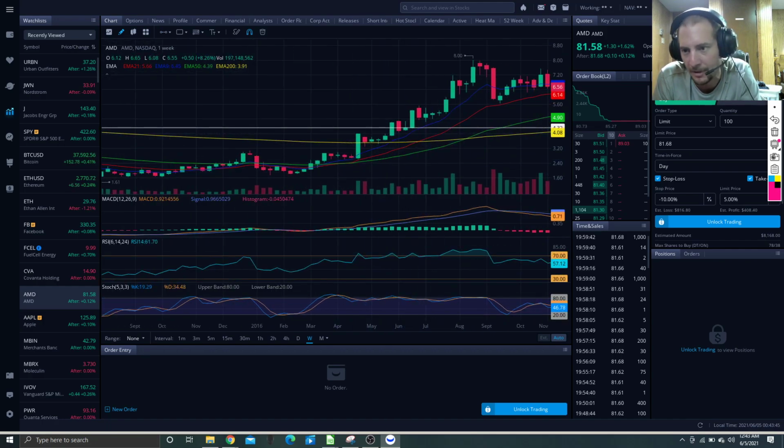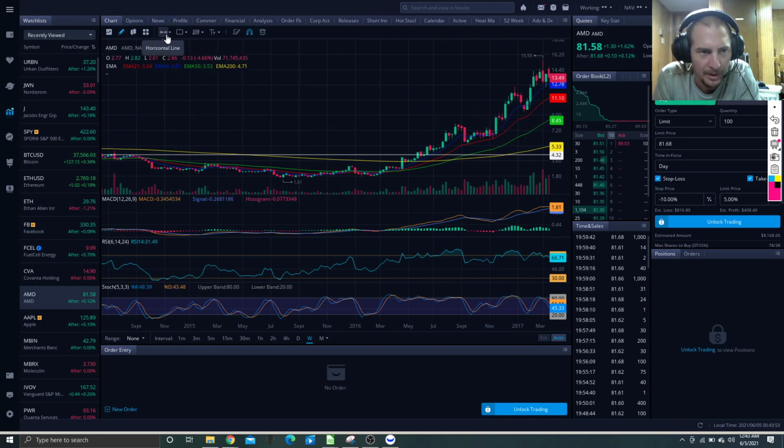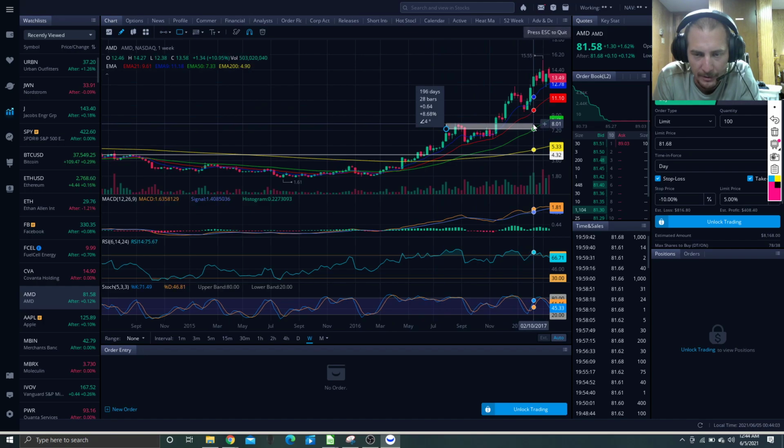And then here is the breakout from the major price level. All right. That'd probably look a lot better on a daily chart. So here's some major price levels. Actually, I'm going to mark this with a box. Major price levels here on the weekly.